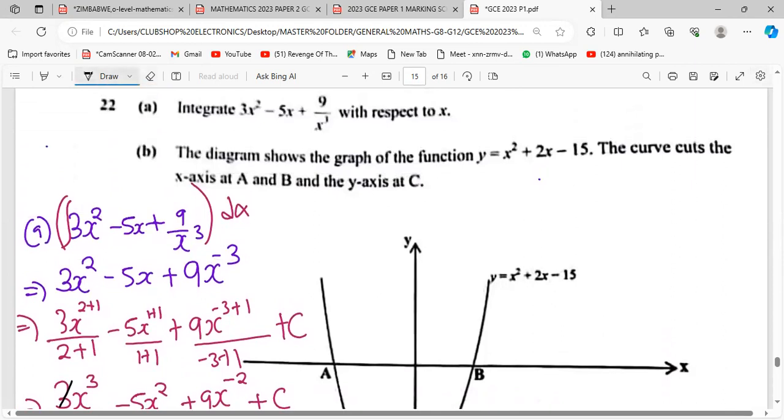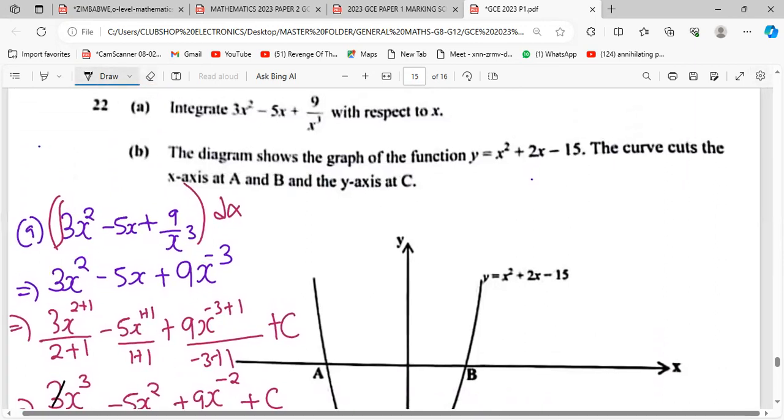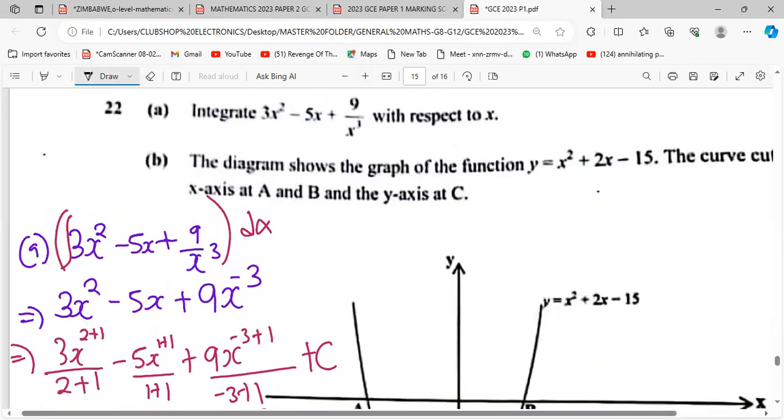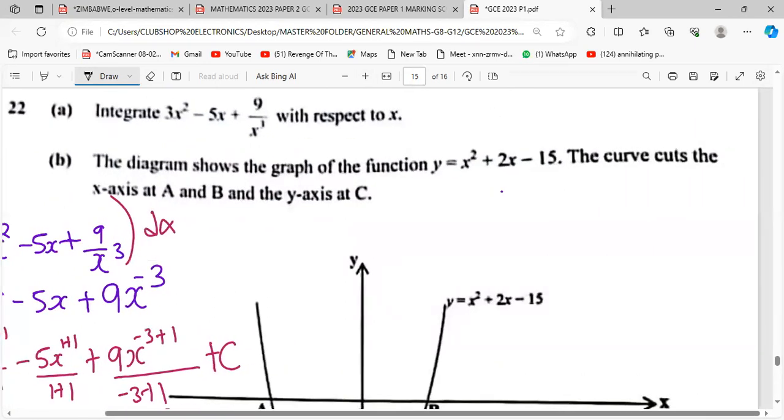Next one is: the diagram below shows the graph of the function y equals x squared plus 2x minus 15.